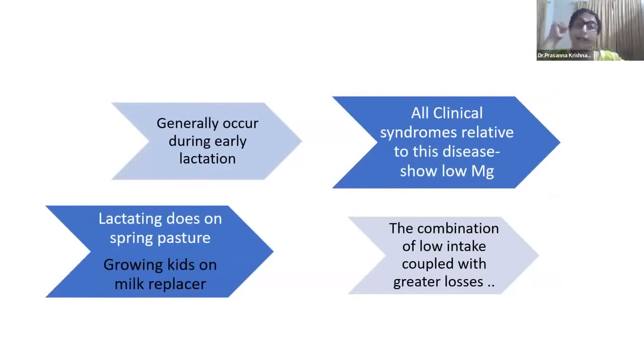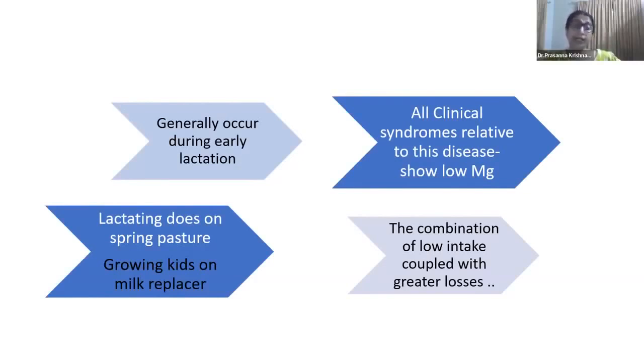That means we take all other clinical conditions also may show, will give you a low magnesium level. And you have to specifically see the status of the animals. It is the lactating doe upon spring pasture, means they are grazing on spring pasture, or the growing kids which are kept on a milk replacer.